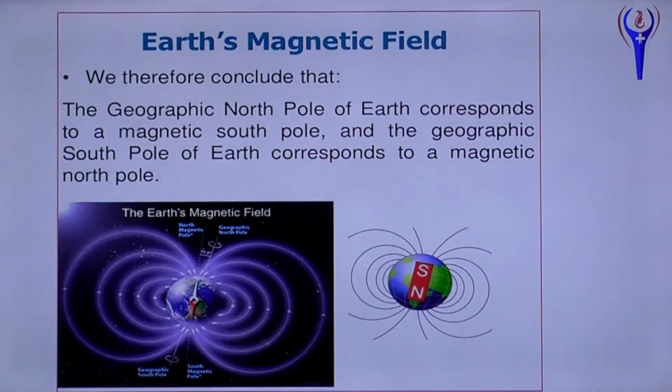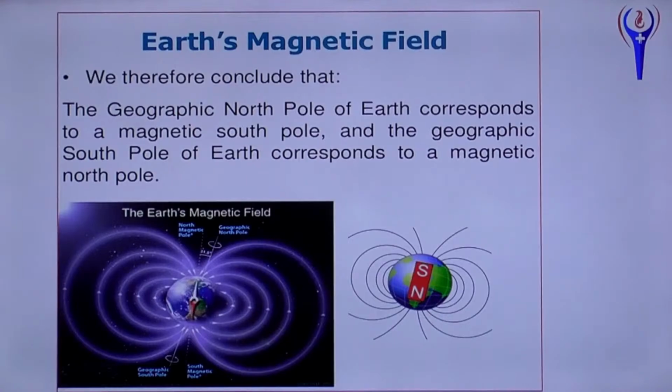And we therefore conclude that the geographical north pole of earth corresponds to magnetic south pole, and the geographic south pole of earth corresponds to magnetic north pole. This I will explain. This is the earth. Suppose earth's total magnetic field is at the center, and it behaves like a magnet.